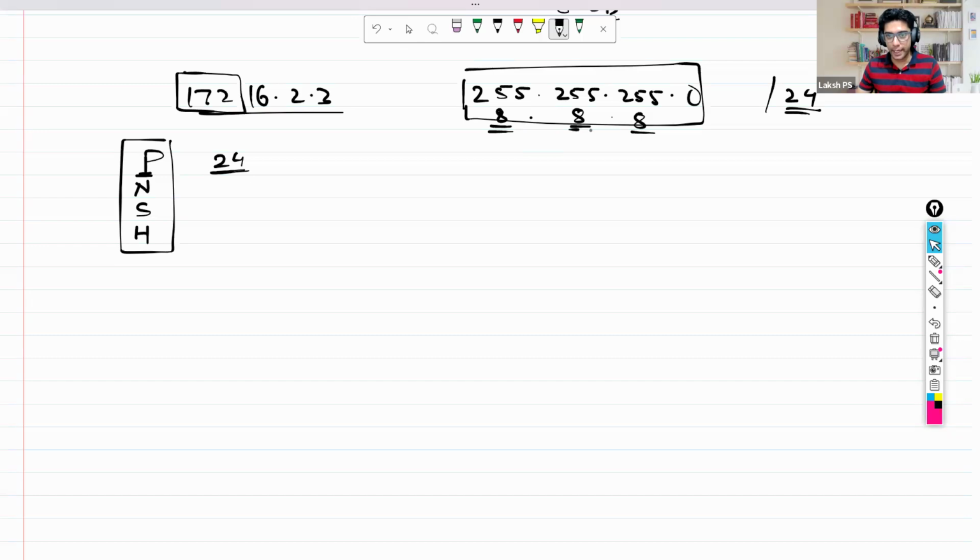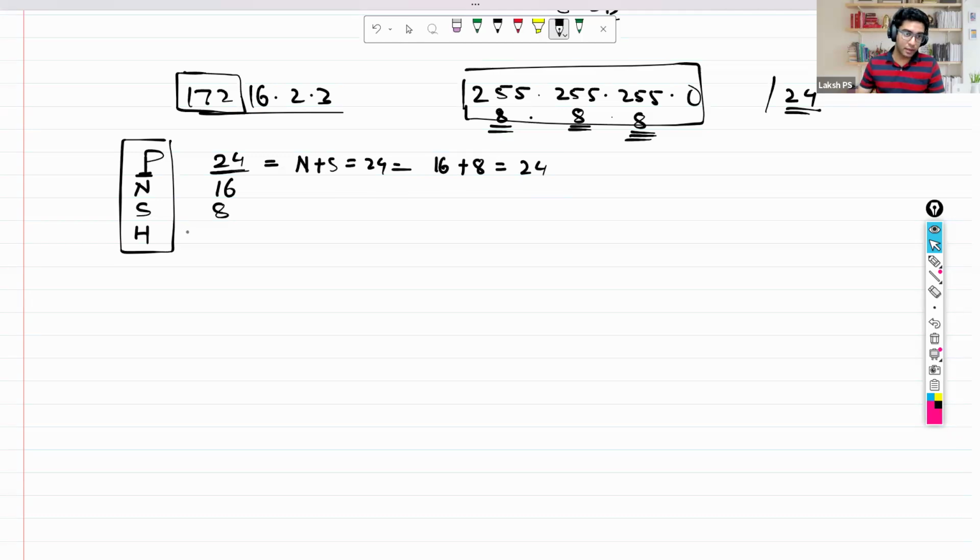So 8 plus 8, you have 16 bits of network octets. That means the borrowed subnet bits or the converted subnet bits are 8 bits only. Right? So your network bits plus your subnet bits gives you 24, which basically is network bits is 16 and subnet bits is 8, gives us 24.